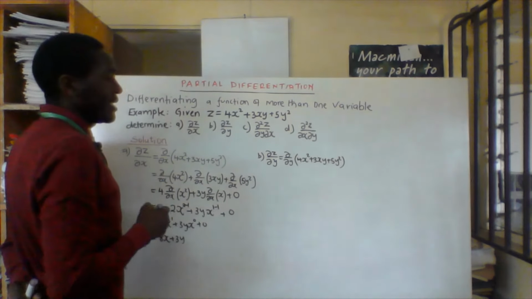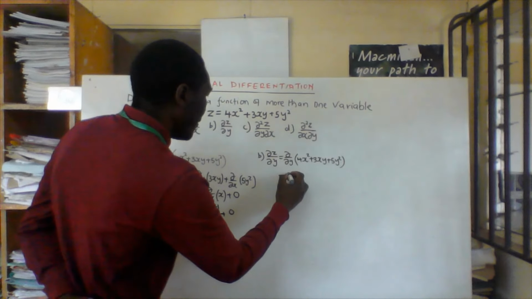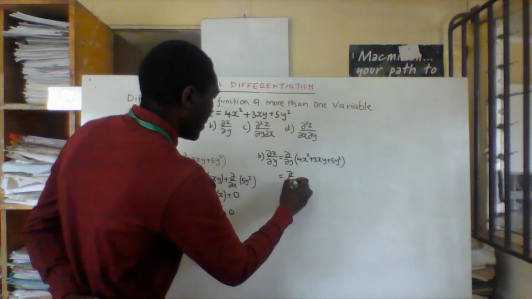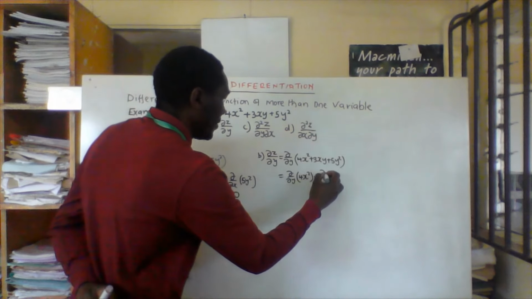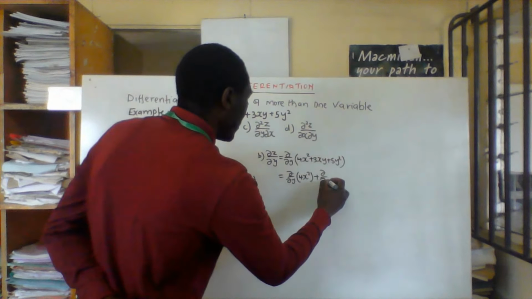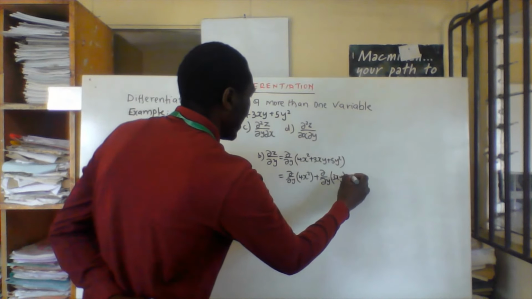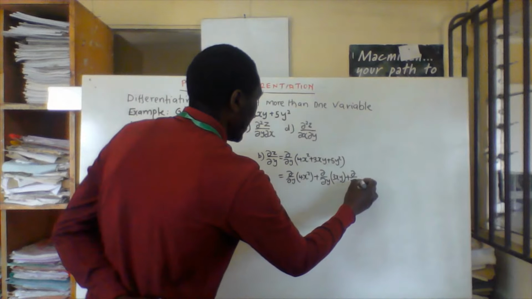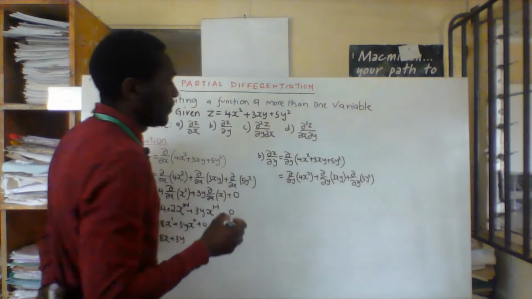In this case, we are treating x as a constant, so we have the partial derivative with respect to y of the first term 4x squared, plus the partial derivative with respect to y of 3xy, that's the second term, plus the partial derivative with respect to y of the third term, which is 5y squared.